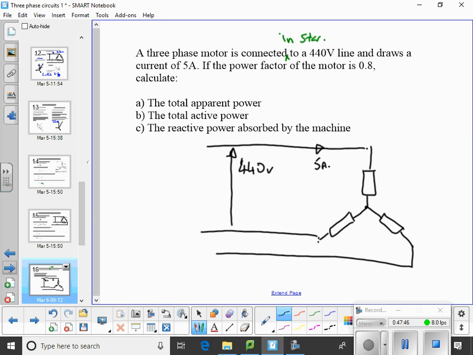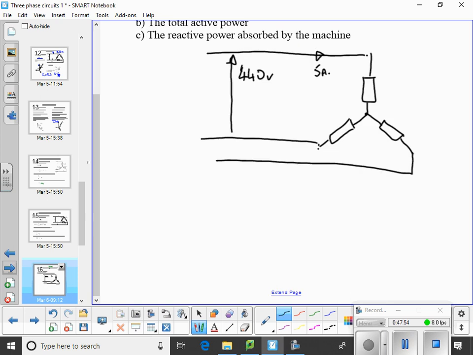So this also dips back into what we've done before with active and reactive power, as well as the new stuff that we've done. So A, how do we go about calculating the total apparent power, ST, given the information that we've got?